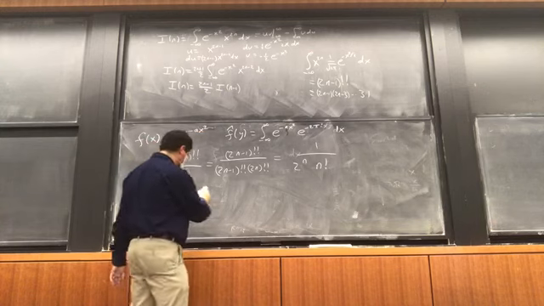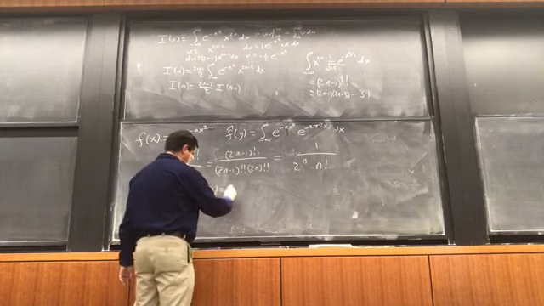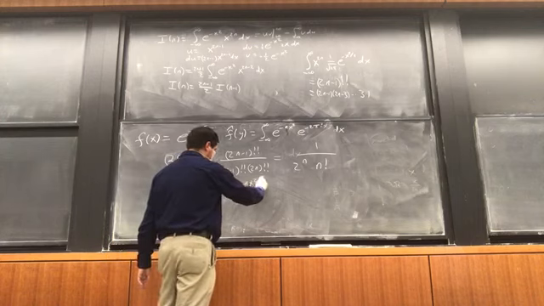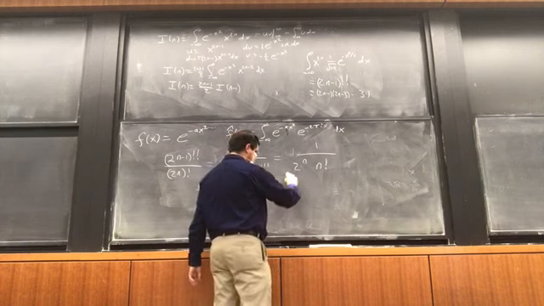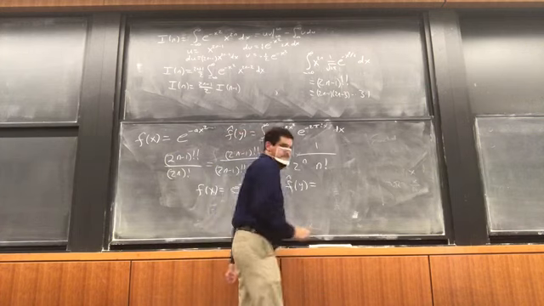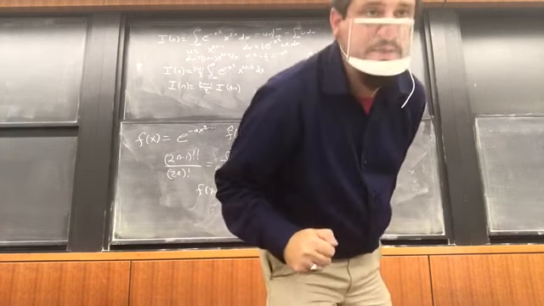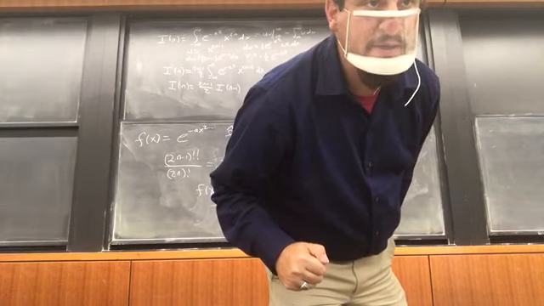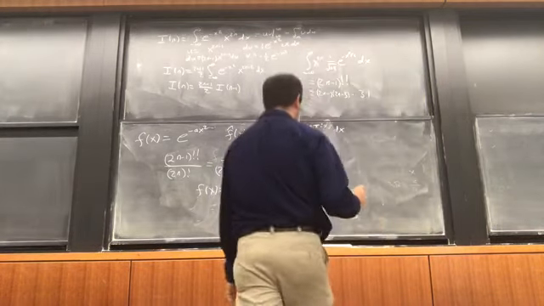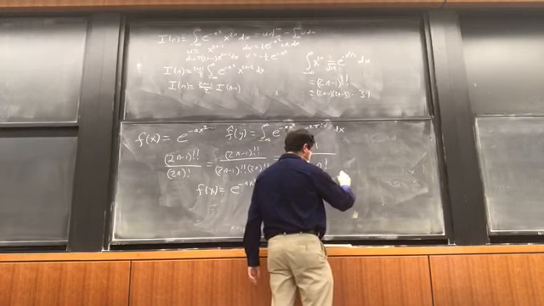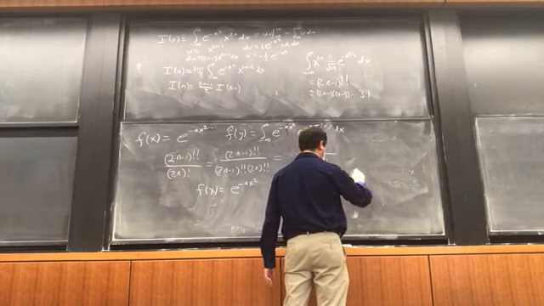But it tells us that if f of x is e to the negative a x squared, then f hat of y is square root of pi over square root of a, times e to the negative pi squared y squared over a.